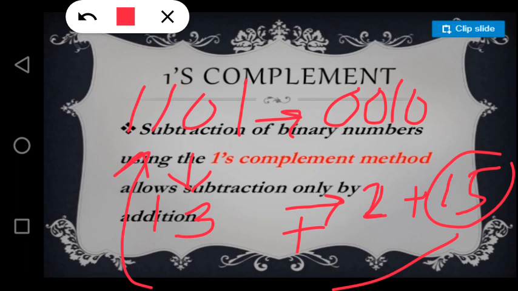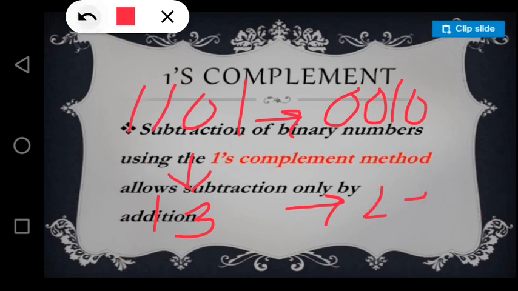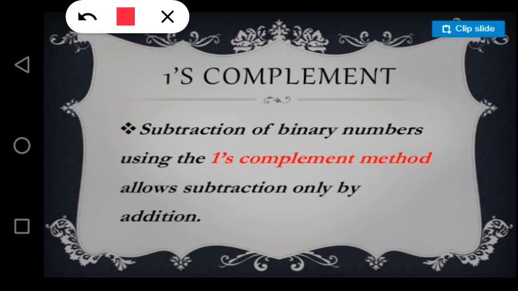So you get the complement of a binary number by subtracting the number from the maximum unsigned value representable with that number of bits. This is the relation between a number and its 1's complement. I hope you understand this point.